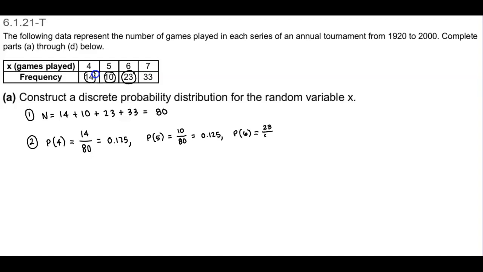So if we take 23 and divide that by 80, we get 0.2875. And then the probability of 7 games played, we take the frequency there, which is 33, and divide that by 80. When we divide that by 80, we get 0.4125.